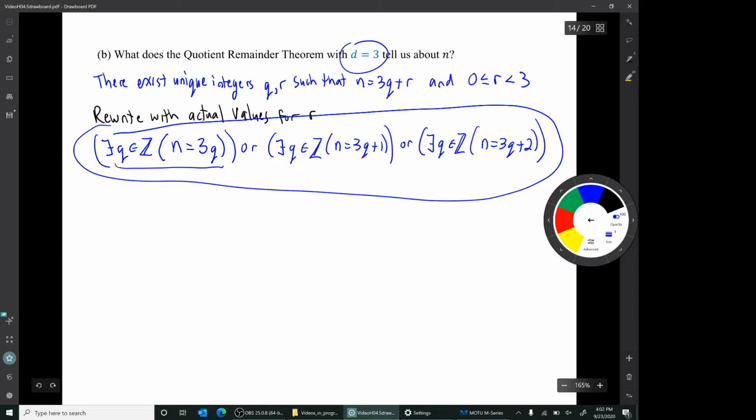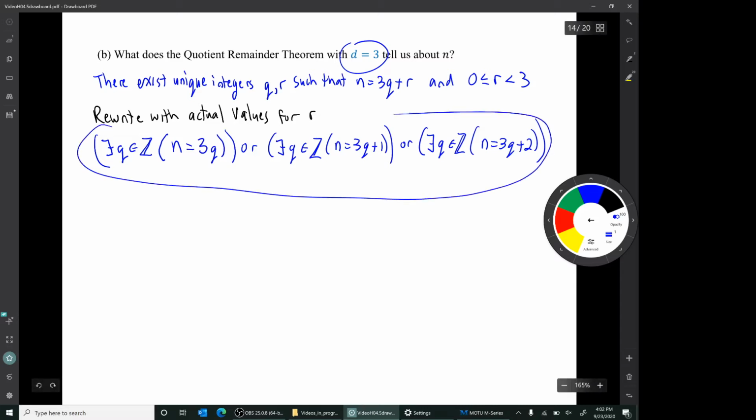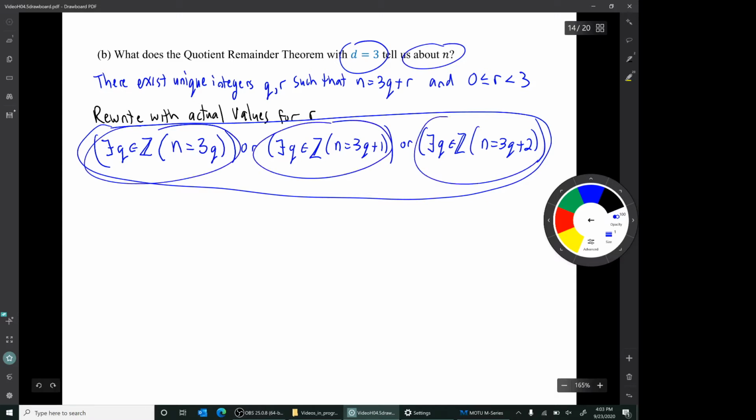The case where r turns out to be 0, or the case where r turns out to be 1, or the case where r turns out to be 2. So the idea is that the quotient remainder theorem, when you choose a value of d, results in you being able to say that there is an OR statement that describes the behavior of your number n. So again, that big circled statement is a statement about n. Either this is true about n, or this is true about n, or this is true about n.